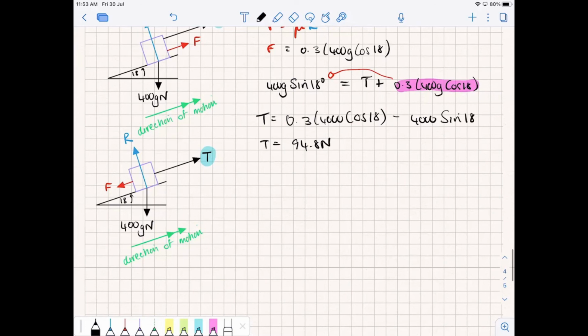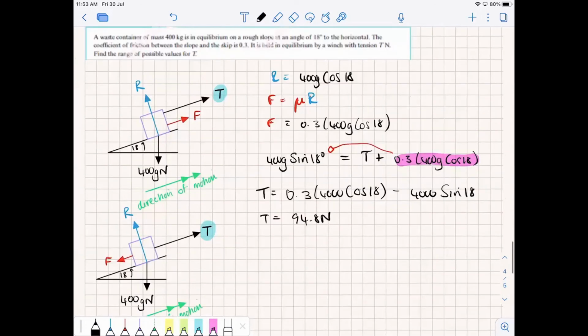So we don't have to go and work out the normal contact force again because it's the same. We don't need to work out the friction force because it's the same. The contact force hasn't changed and the coefficient of friction hasn't changed, so everything has remained the same. The only difference here is the direction that the force is now acting in.